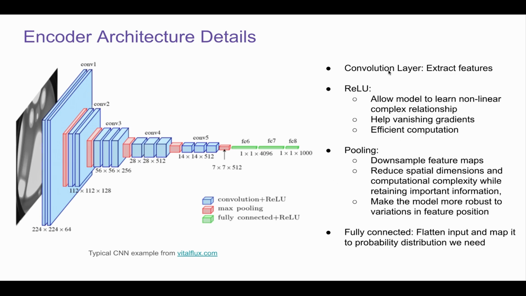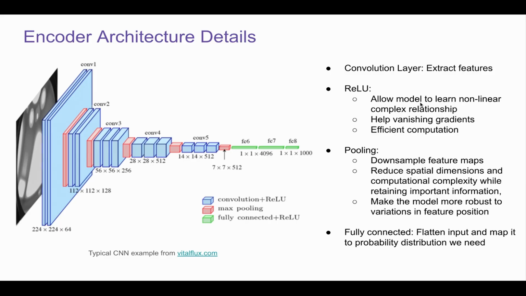First of all, the convolution layer is supposed to extract features from the image. For example, if it's an image of a bicycle, we should be able to extract wheels, the seat, and if there's a human on it, we should be able to extract the human and their body parts. ReLU is an activation function.